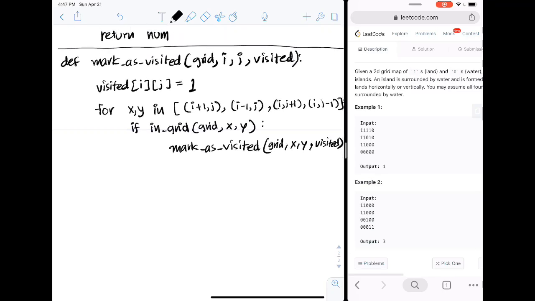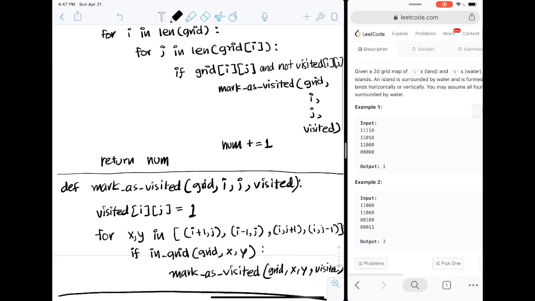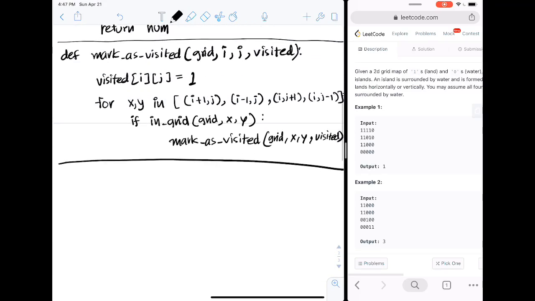And then this function doesn't return anything, because all this function's job is to make sure that we mark all the adjacent islands of i j as visited. Okay? And then we can quickly write our create visited function that copies the grid.